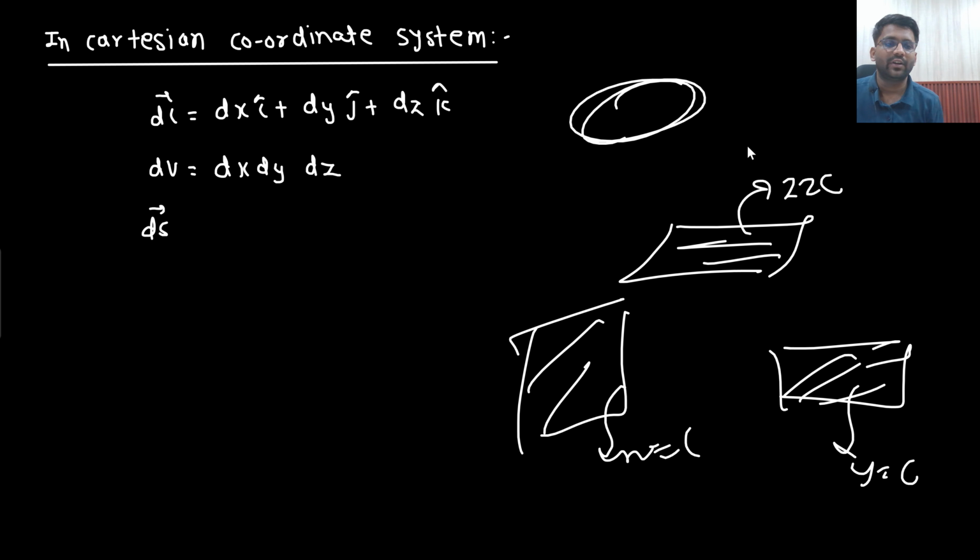For different surfaces we have written, but as a whole, this is the small length dl in the Cartesian coordinate system, this is the volume, this is the surface area in the Cartesian coordinate system. I did not write down anything.